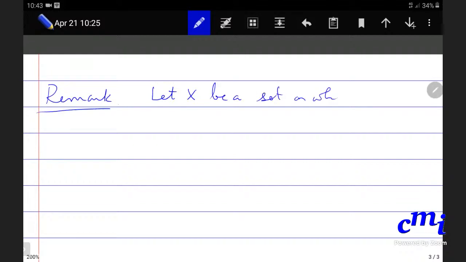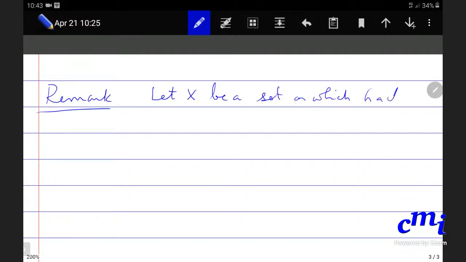So another useful thing, which doesn't use the orbit stabilizer lemma as such, is the following remark. Let X be a set on which G acts.